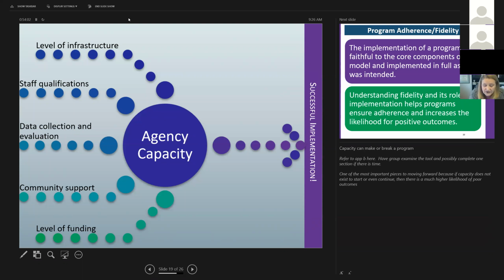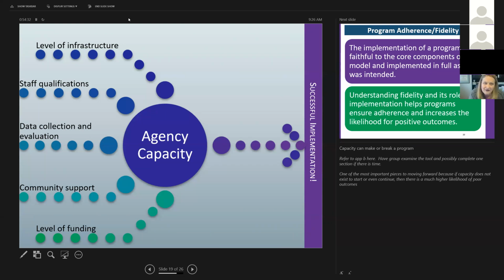Staff qualifications. We saw one piece. This was a state that we went to, we were working with, and they were really struggling. They were supposed to be implementing Nurse-Family Partnership, but what we identified was that they couldn't get the nurses to fill the roles for the home visitor. As we dove a little deeper, we understood that they were actually one of the areas of the country that had the worst nursing shortage of anybody.